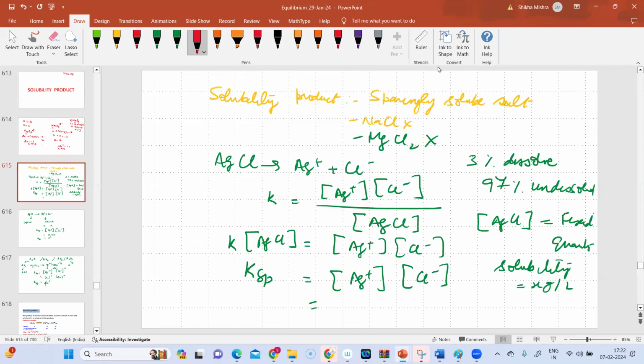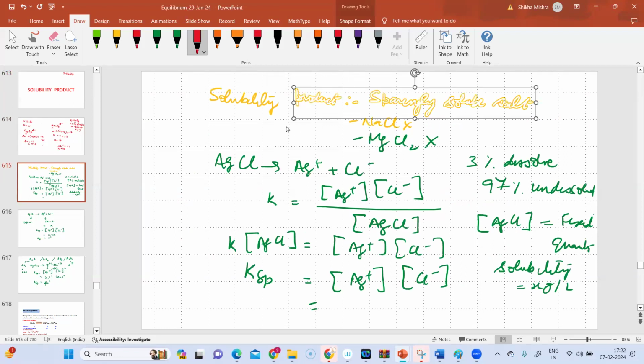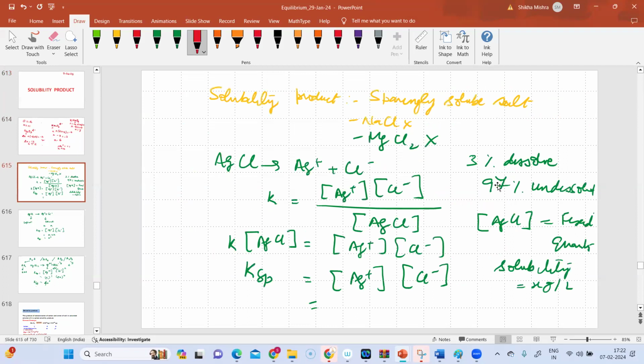Now, we must remember that solubility product is a concept related to sparingly soluble substances, to be more precise, right? It will not be applicable on sodium chloride or magnesium chloride.